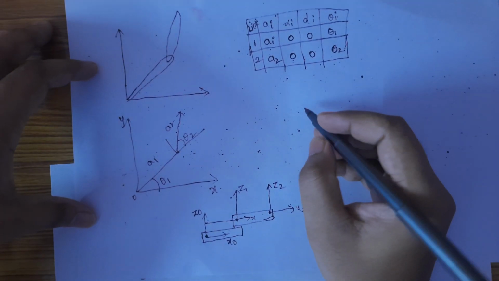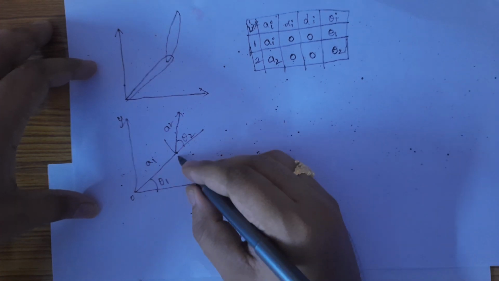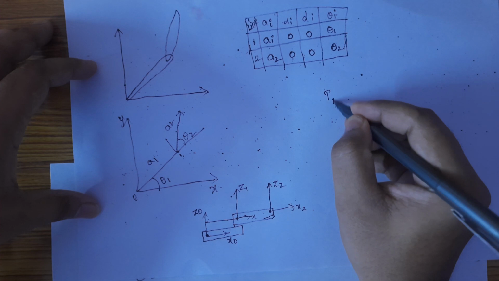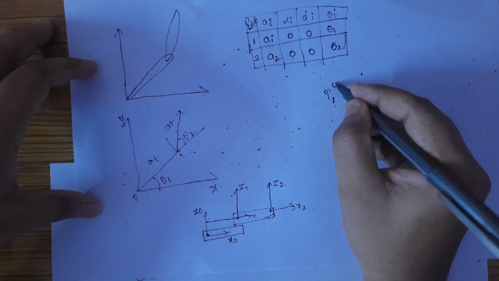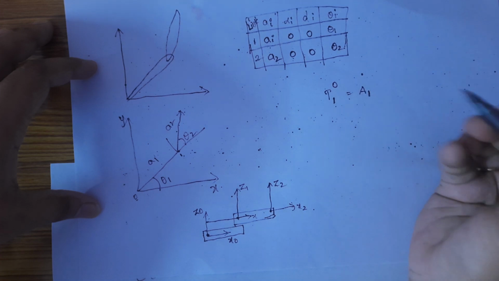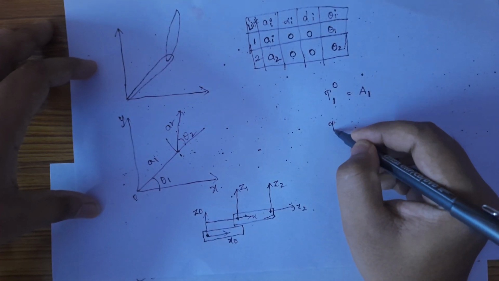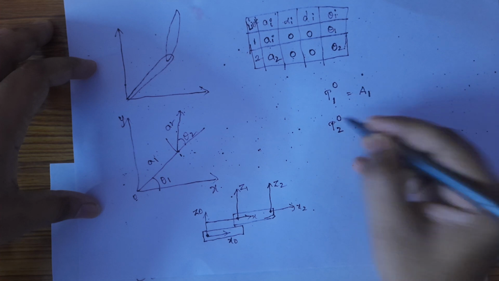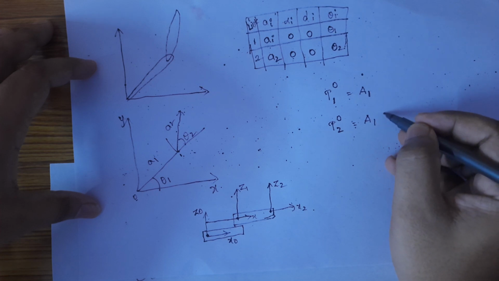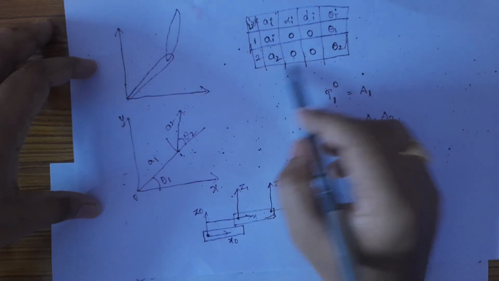So in order to find the final transformation, that is the transformation of the second frame with respect to the 0th frame, it is equal to the transformation of the first frame and the transformation of the second frame, that is first frame into second frame.